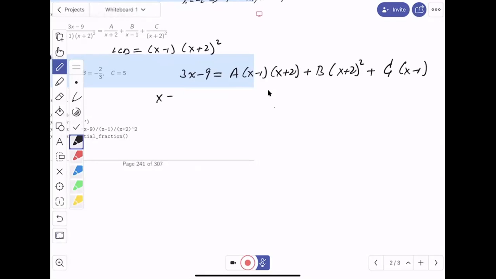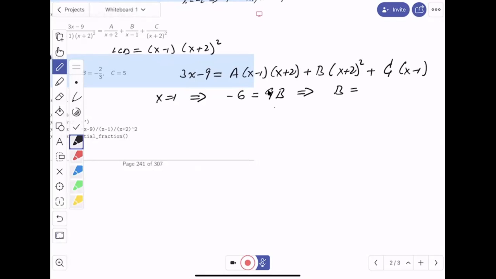I'm going to choose x to be 1. Yeah, I just said this before, right? 3 minus 9 is minus 6. And if I chose 1, I'd get, let's see, 0 for the last term. Middle term would be, let's see, 3 squared, 9b.